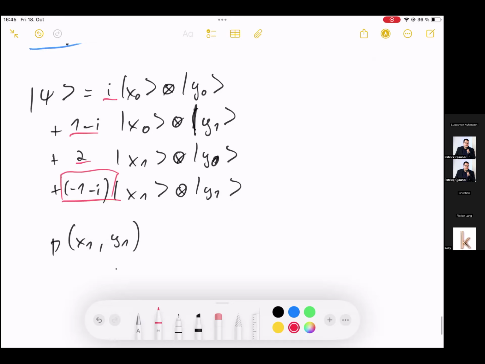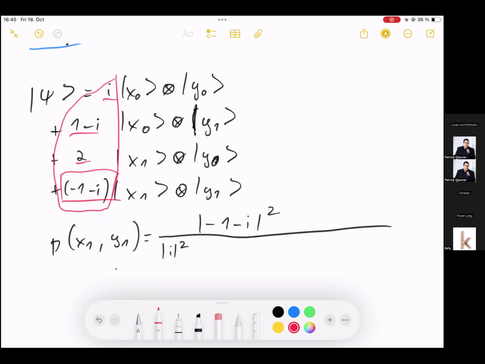So I need to normalize this, and I could normalize either the whole system, or I could just calculate, as we've done before with a single system that was not normalized, the modulus squared of -1 minus i. This is the probability I want, but I need to normalize it by using the sum of all of their modulus squared.